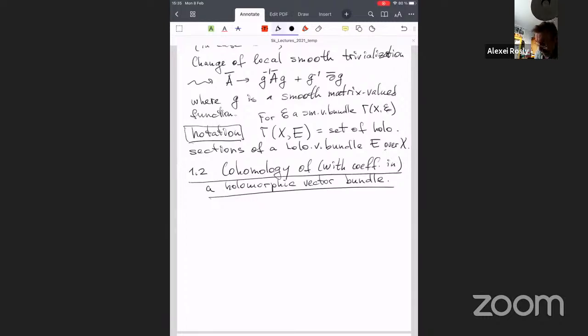If it belongs to the holomorphic category, we speak about holomorphic sections. If it belongs to the smooth category, we speak about smooth sections of a smooth bundle E. Let me somehow separate them. Like this.